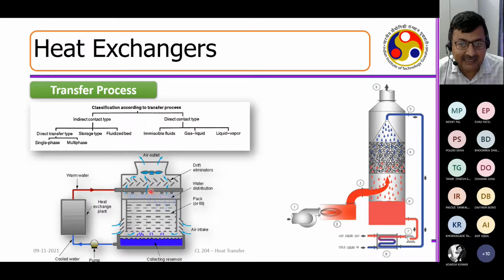That air is cooling this water down, and the air is blown outside, whereas the water through the distributor comes through this and condenses again here. So with the help of air, I am converting the warm water into cold water, while the air is not in touch with this water phase. Right. So this is called an indirect contact type, and this is called a direct contact type heat exchanger.